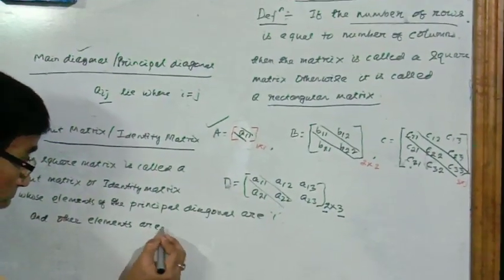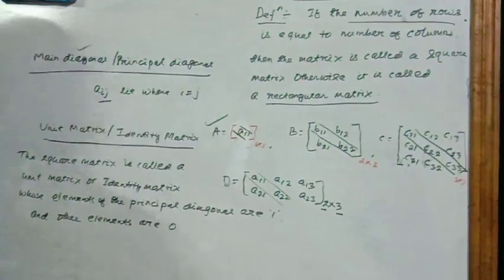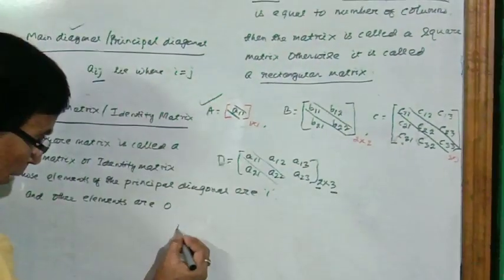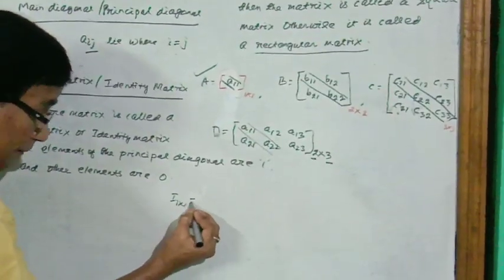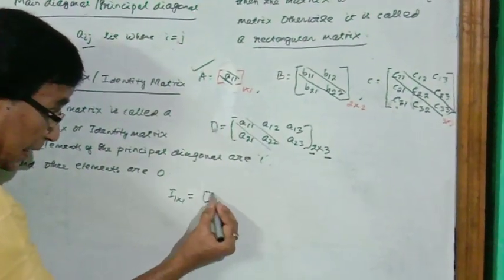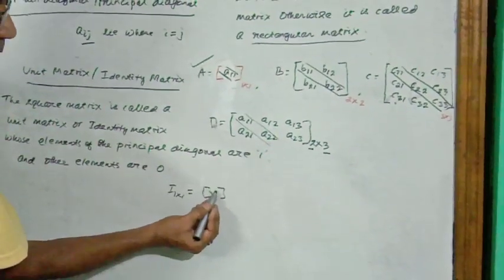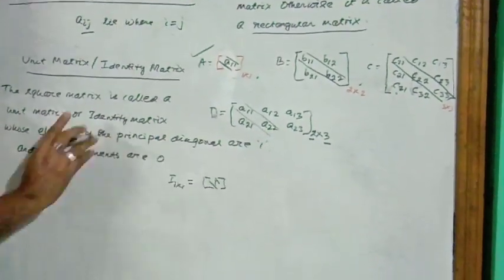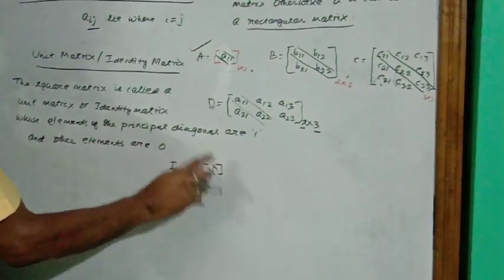So here you see that if we consider an identity matrix of order 1 cross 1, then we will take only the element 1, because the elements of the principal diagonal are 1, and since there are no other elements, the other elements must be 0.